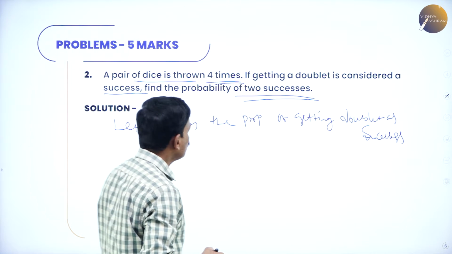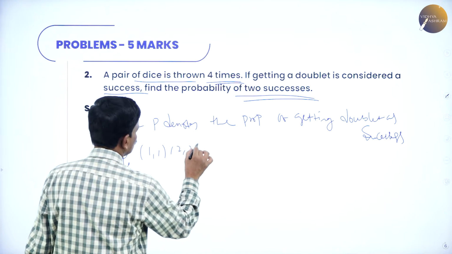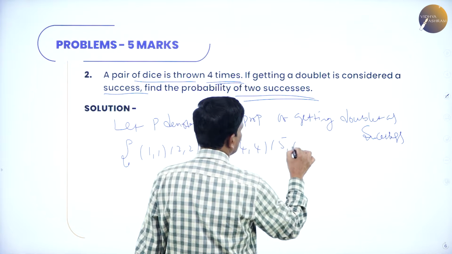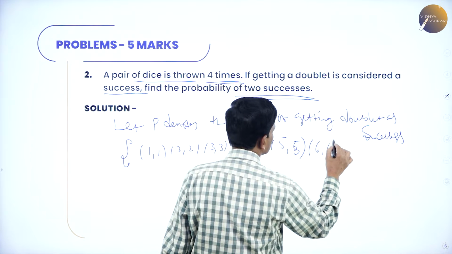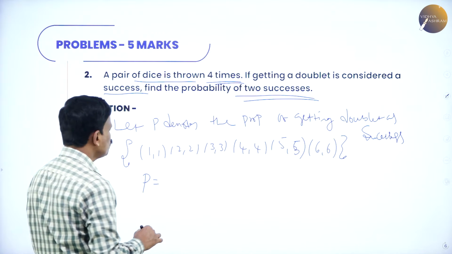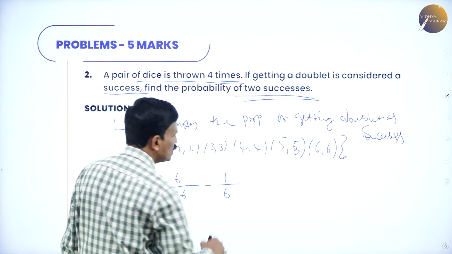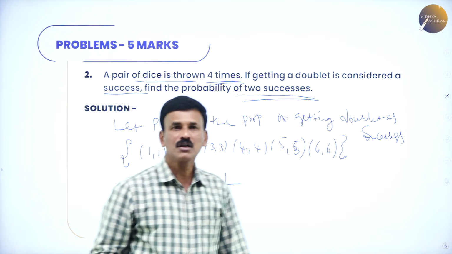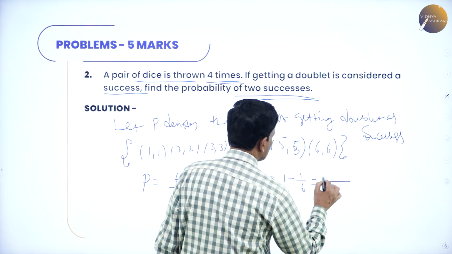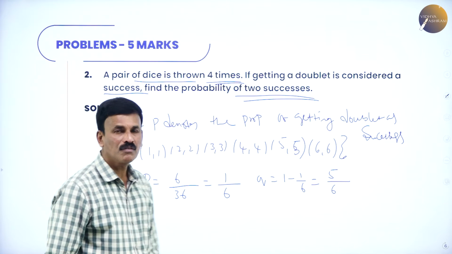So the possible doublets are 1,1, 2,2, 3,3, 4,4, 5,5 and 6,6. Therefore, P is equal to 6 divided by 36, that's equal to 1 by 6. Q is equal to 1 minus 1 by 6, that's equal to 5 by 6. So P is equal to 1 by 6 and Q is equal to 5 by 6.